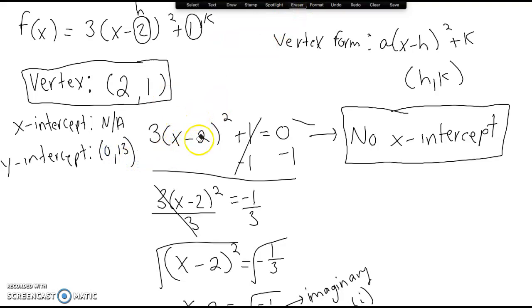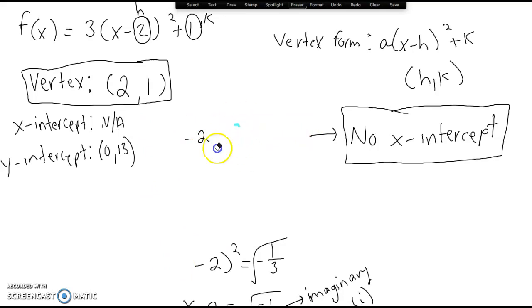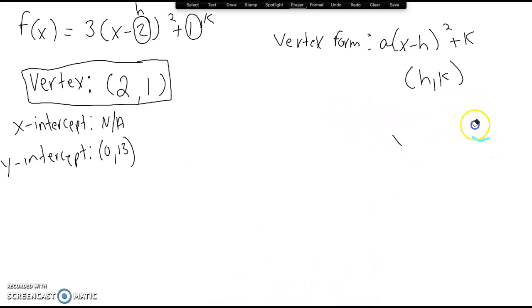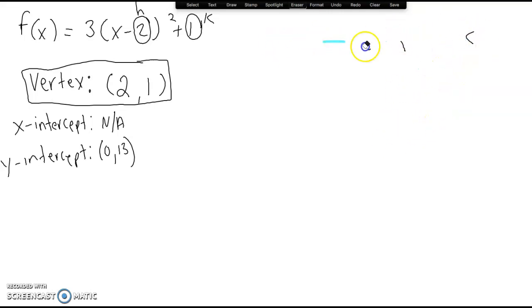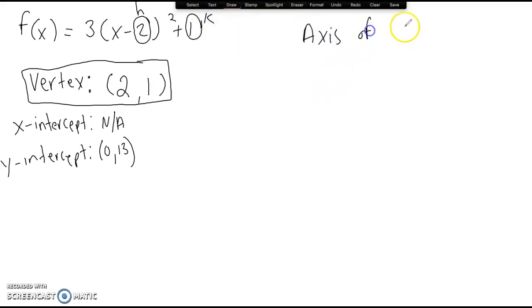And now we're going to find our axis of symmetry, which is just a line that runs through the x-axis. So our axis of symmetry is going to be in the form of x equals a value. So here we have to find the axis of symmetry.